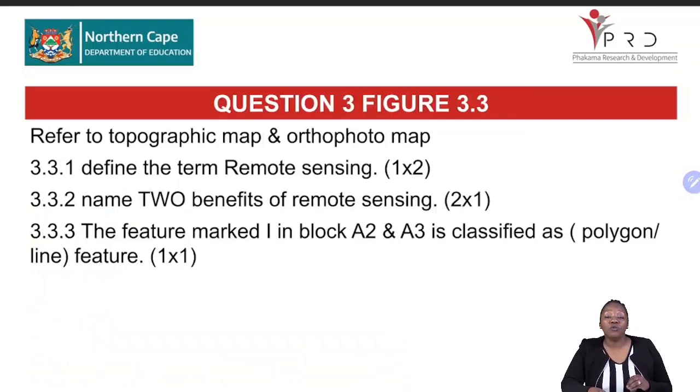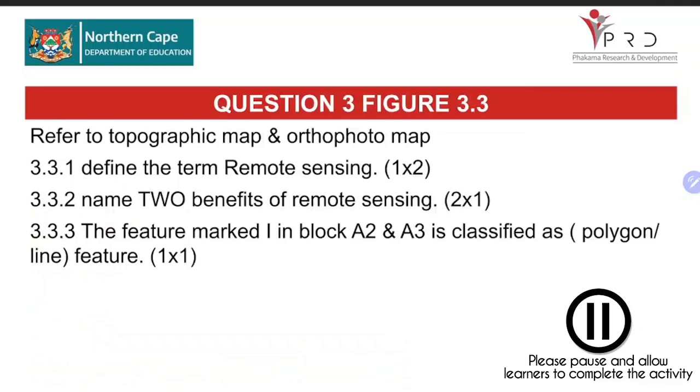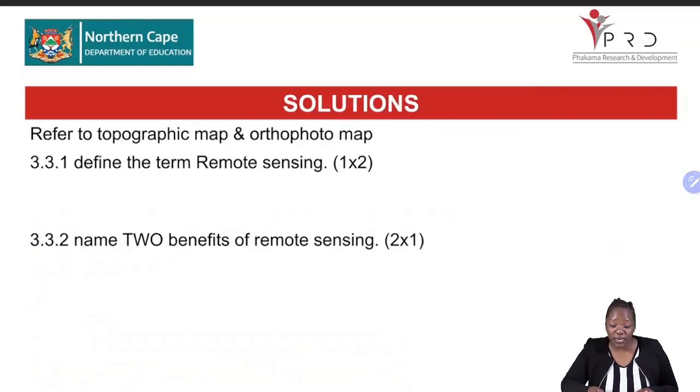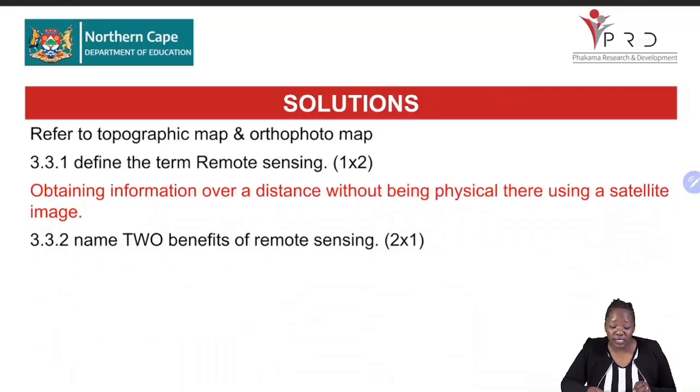So again, I'm going to give you 4 minutes to go through these 3 questions, and then after 4 minutes, we will be able to do the correction. We're looking there at our first answer, defining what is remote sensing.